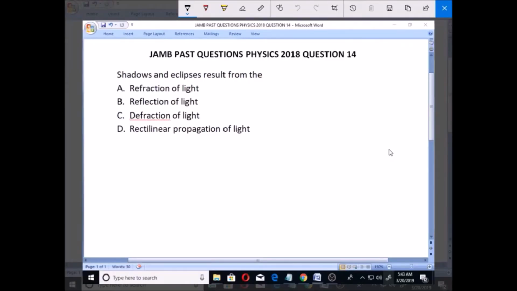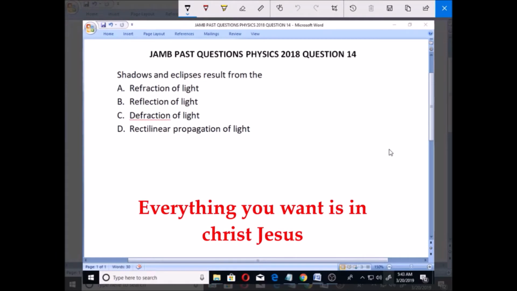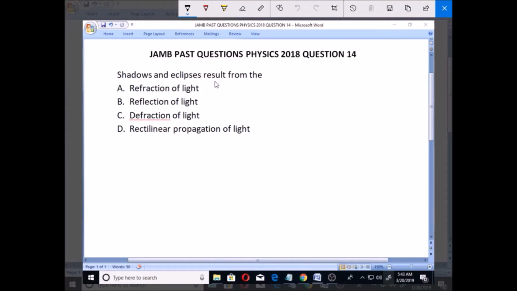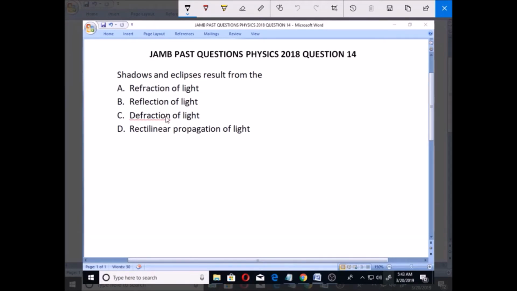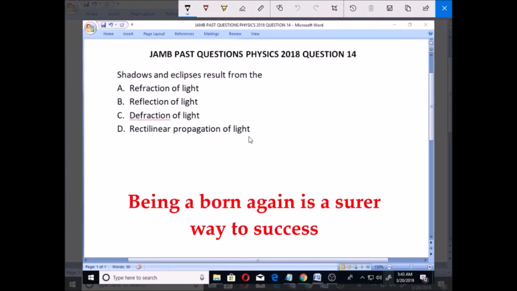Welcome. Let's look at this Jamb past questions, physics 2018, question number 14. Shadows and eclipses result from the A. Refraction of light, B. Reflection of light, C. Diffraction of light, D. Rectilinear propagation of light.